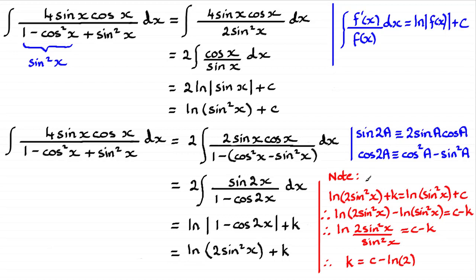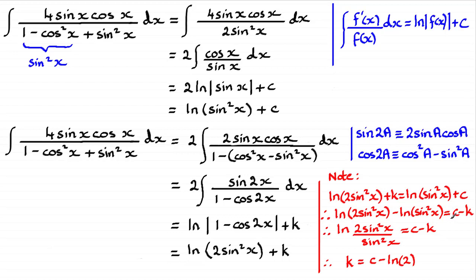If they were to be equal, that is, the natural log of 2 sine squared x plus k, this answer here, is equal to the one up here, the natural log of sine squared x plus c. Now, if I was to rearrange this, take the natural log of sine squared x from both sides and k from both sides, we're going to get this line here.